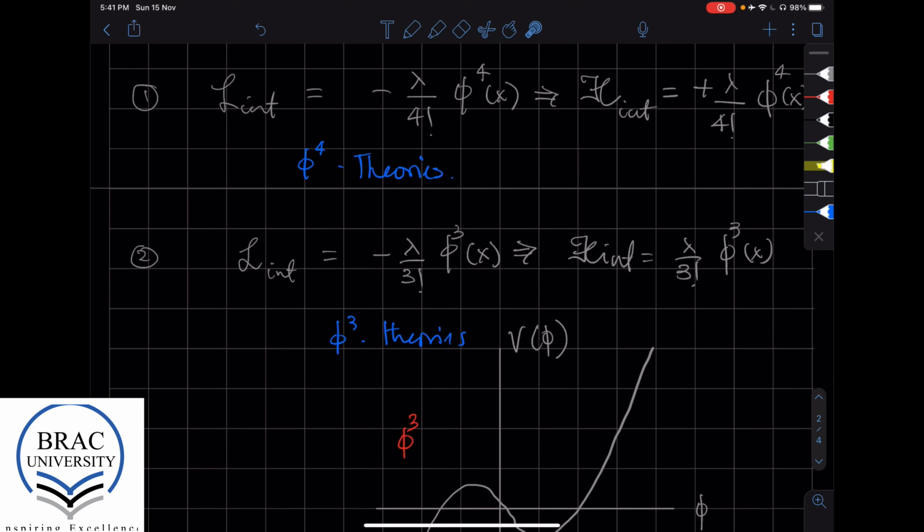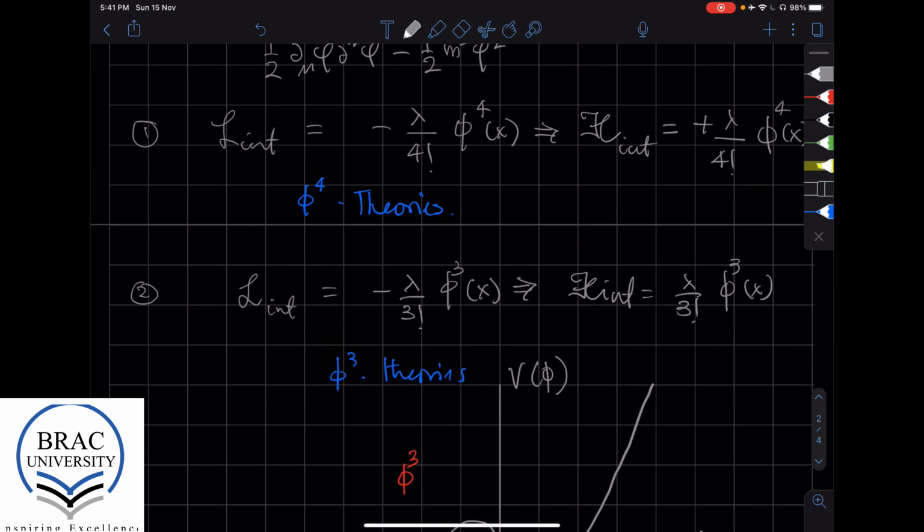possible interaction terms. One thing to note is that if you are working in d equals 4 dimensions, like the space-time dimension is 4, then it can be shown that for this theory, lambda is dimensionless. And that also follows from the fact that the dimension of phi is 1.